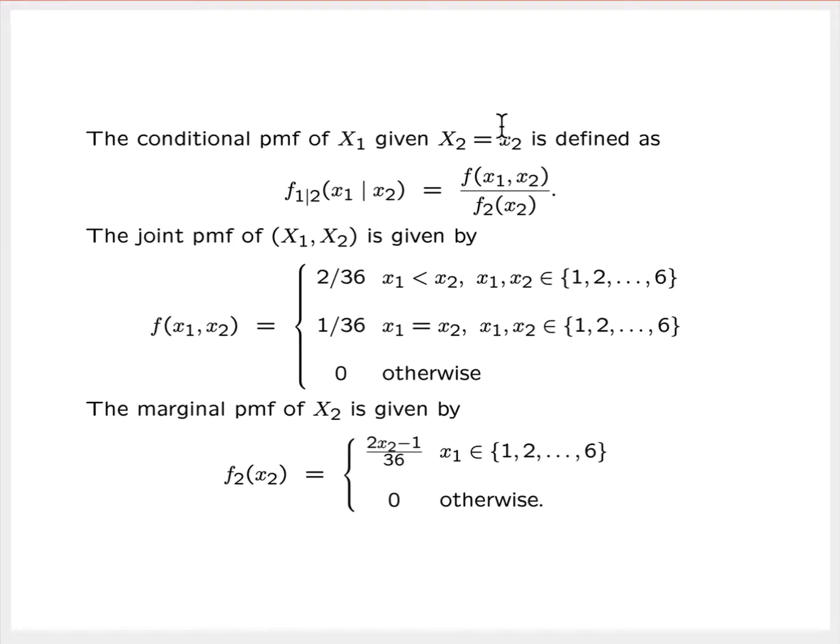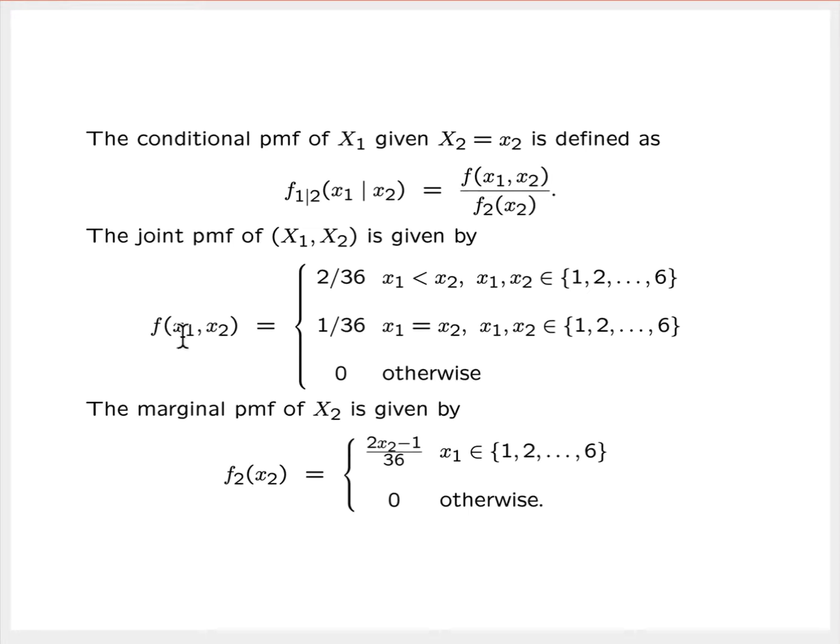As long as little x2 is in the sample space of x2, such that the marginal PMF of x2 is positive, then the conditional PMF of x1 given x2 is equal to the ratio of the joint PMF of x1 and x2 divided by the marginal PMF of x2.